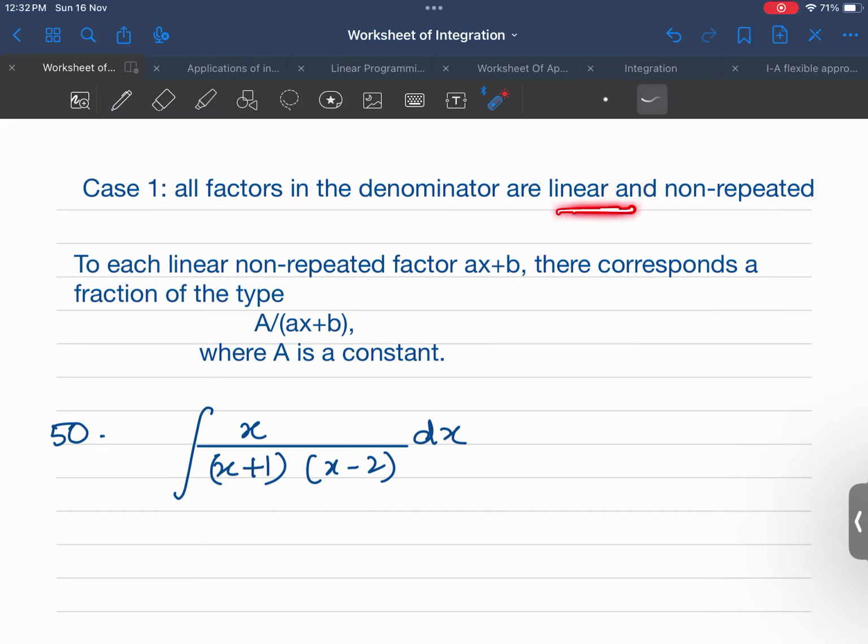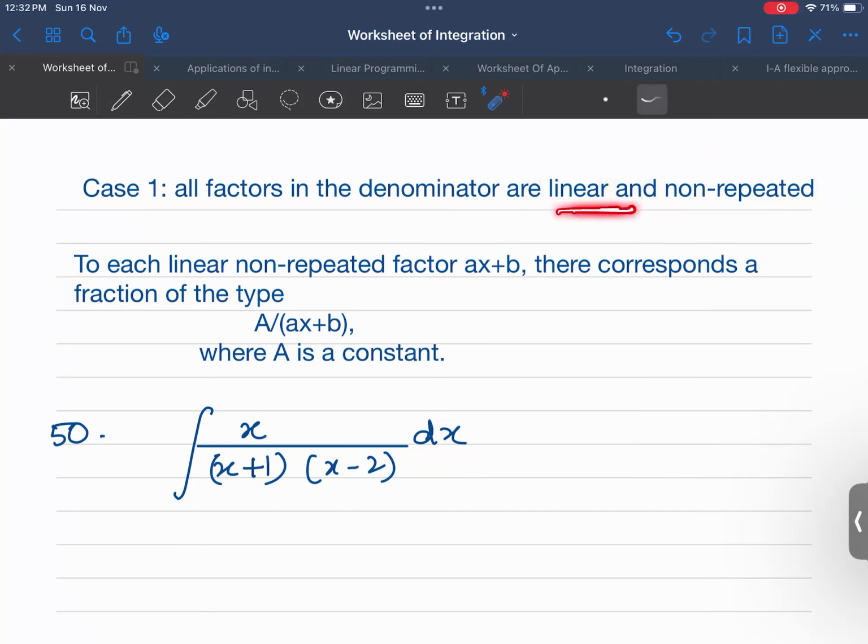x upon (x plus 1)(x minus 2). Please see carefully what I am doing. I will write it as A upon x plus 1 plus B upon x minus 2. I previously told you A and B are constants.